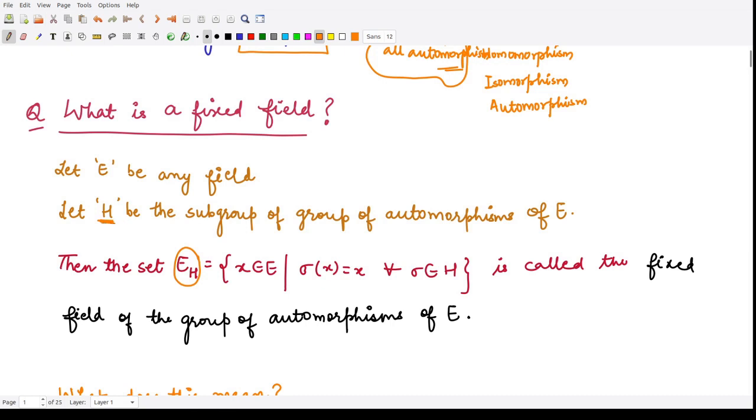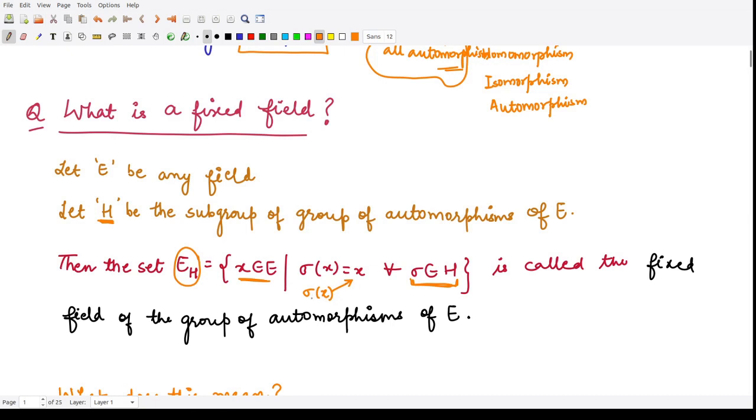As soon as H changes, your field changes, so this depends upon H. What does this say? If you take some member sigma from H and apply it to some element x of E, you get that element back.